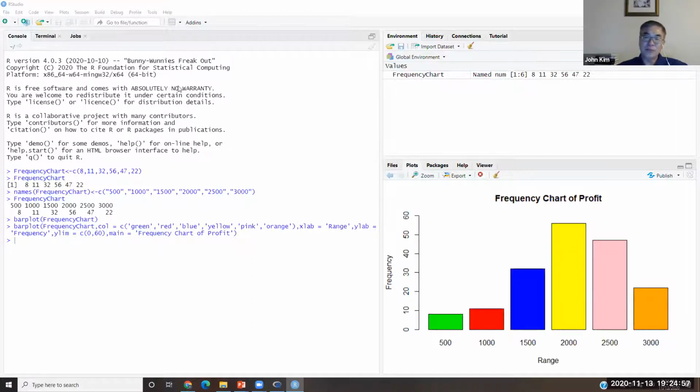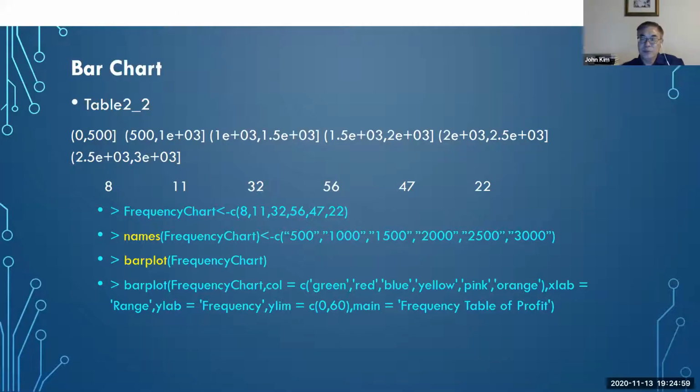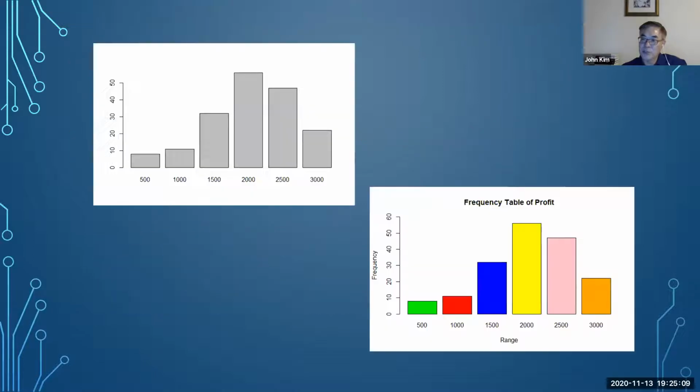Okay, a bar chart is usually drawn with vertical bars, and by the way it looks like this. Just a simple one without axis names, title, or color.